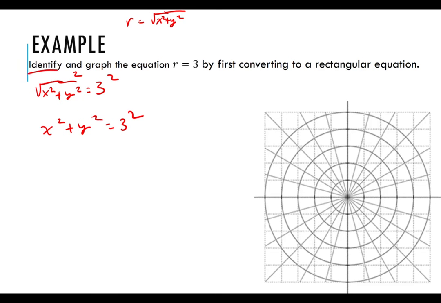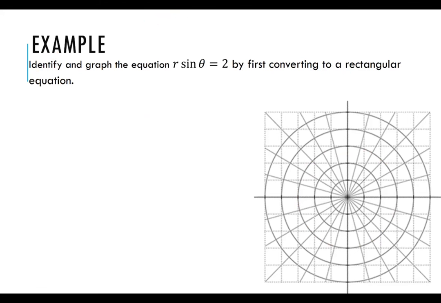Well, now I can identify this, because this is specifically a circle centered at 0 with a radius of 3. And so I go out to a radius of 3 centered around 0. That would be x squared plus y squared is equal to 3 squared. But notice also that that's the place where the radius is equal to 3 for the polar equation, and so the polar equation comes out a little quicker. It's nice, easy, we're done.